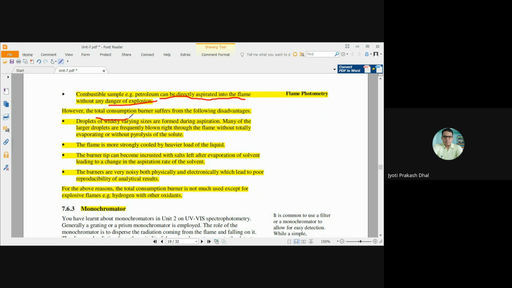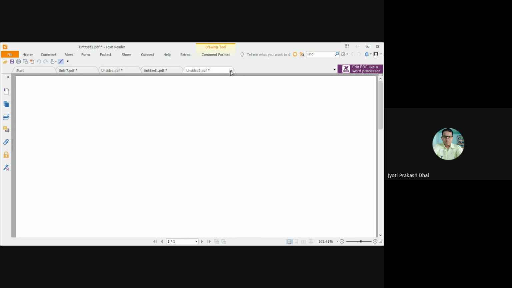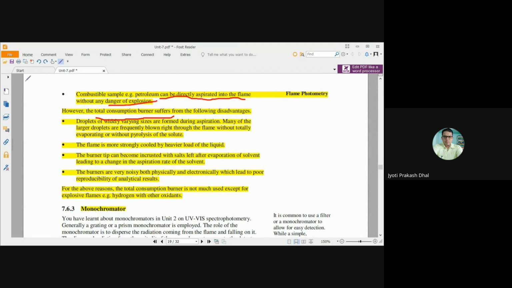However, total consumption burners suffer from the following disadvantages. Droplets of widely varying size are formed during aspiration.